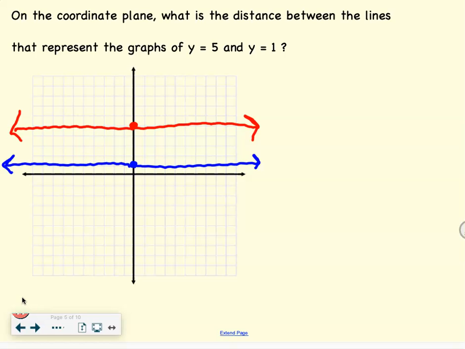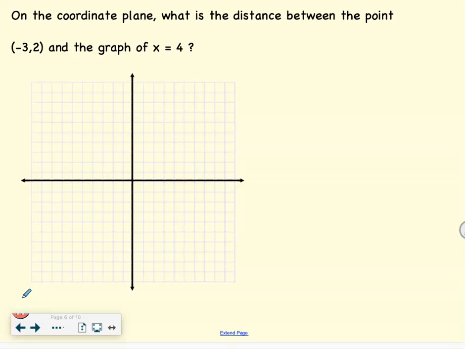You just have to count. 1, 2, 3, 4. Just 4. So when they're horizontal or vertical, they're super easy because you can just count. So let's try the next one. Same idea, but you're doing x equals. So your line's going to be vertical or horizontal? Vertical, the opposite.